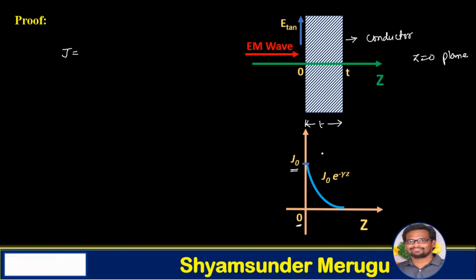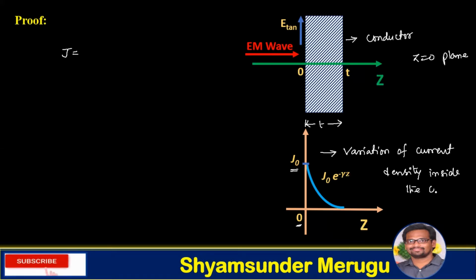And this particular curve indicates the variation of current density inside the conductor.